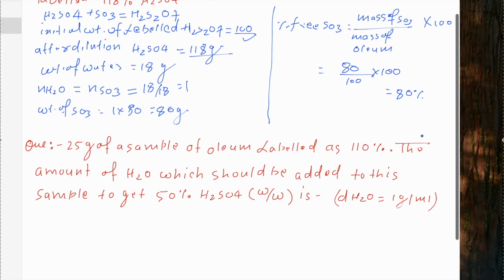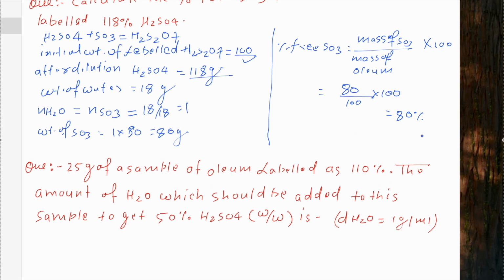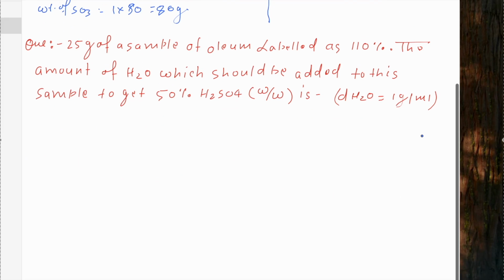So next question. See, this type of question may be asked. Next question is question 25 gram sample of oleum labeled 110%, the amount of H2O which should be added to this sample to get 50% H2SO4 weight by weight is. So what I said, this W by W percentage strength he is asking.